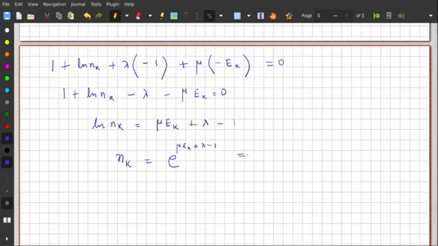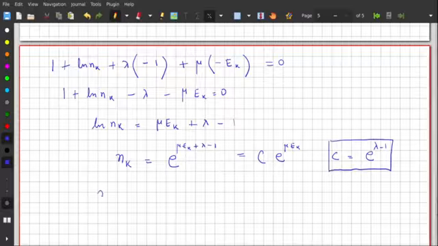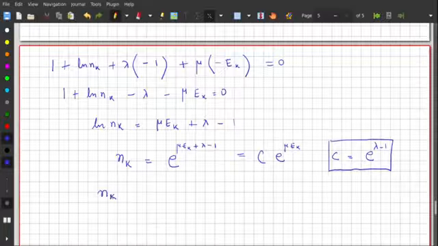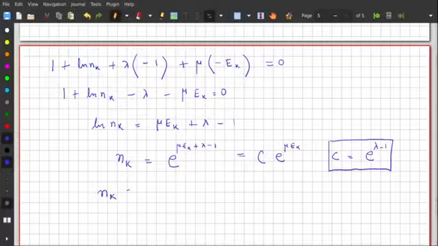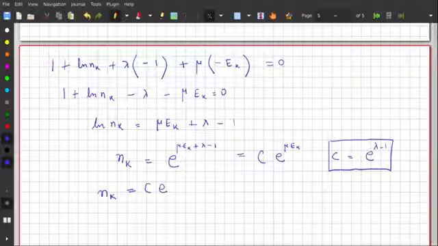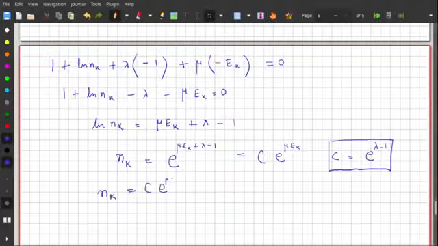This could be written as c e to the power mu e_k, where c is e to the power lambda minus 1. So we found the particle distribution: the number of particles in the kth energy state is given by c e to the power mu e_k. That was the thing we were looking for.